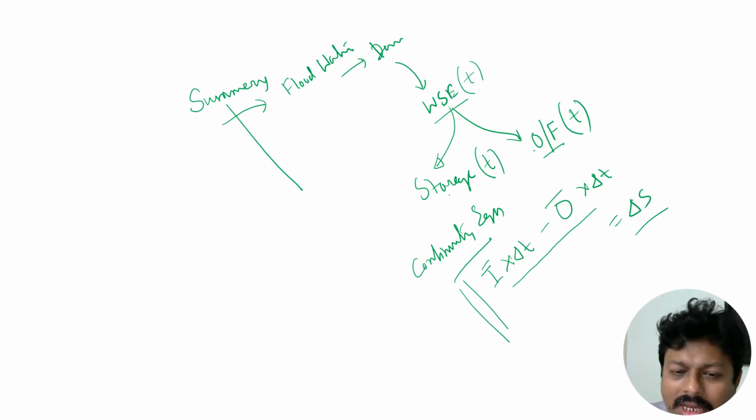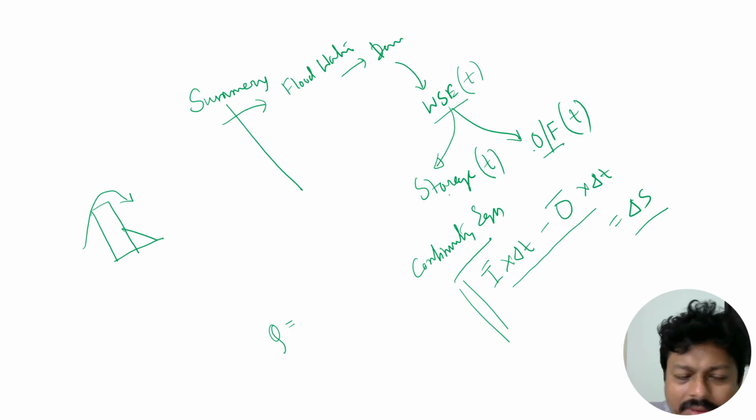But there is another thing: the flow through a spillway, Q. Now this Q is only for an uncontrolled spillway. As you know, a spillway is the arrangement for releasing the surplus water.